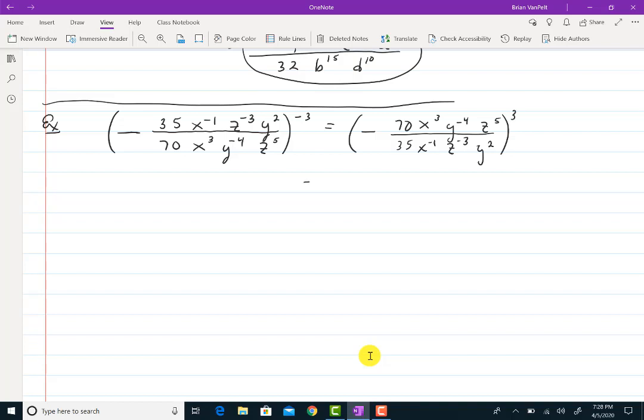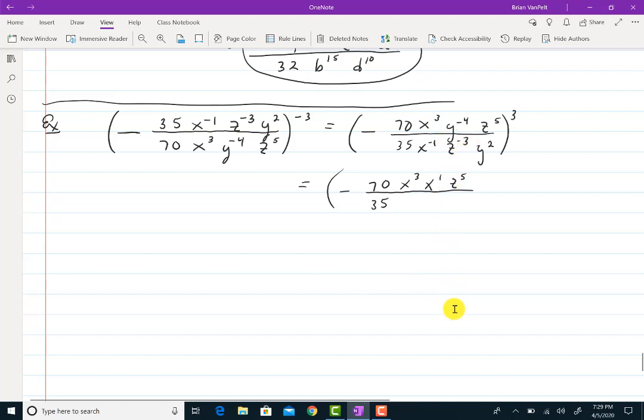Now before I do anything else, I'm going to move and change all my exponents from negative to positive. So anything that has a positive exponent, I'm going to leave alone. And anything with a negative exponent, I'm going to move. So this x to the -1, for example, that's down here, I'm going to bring it up top and make it x to the 1 up there.